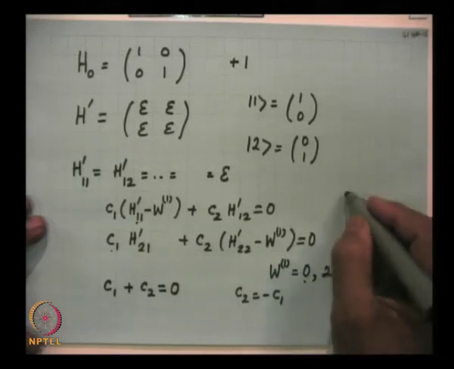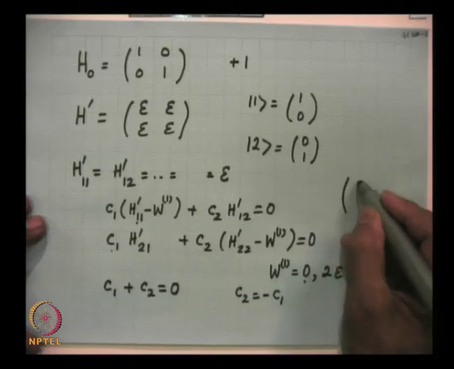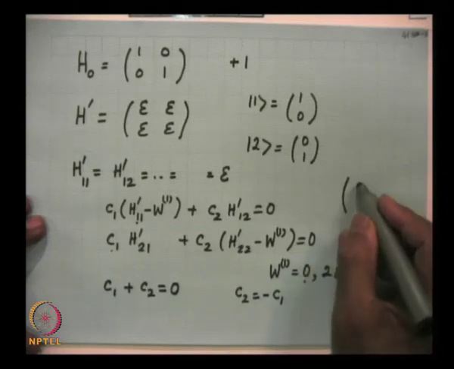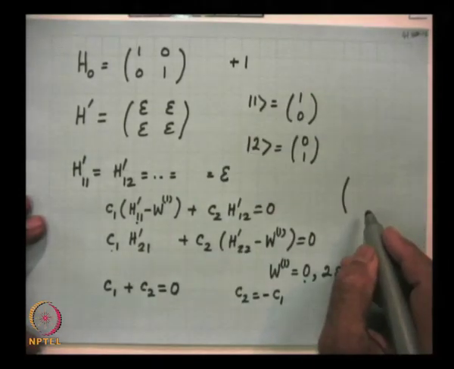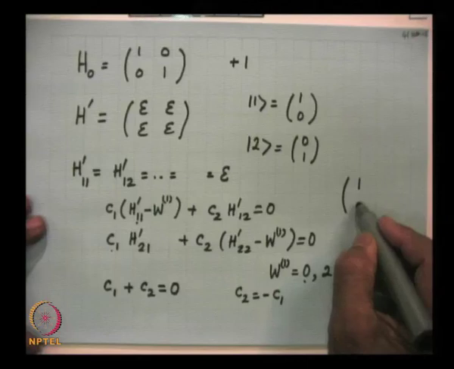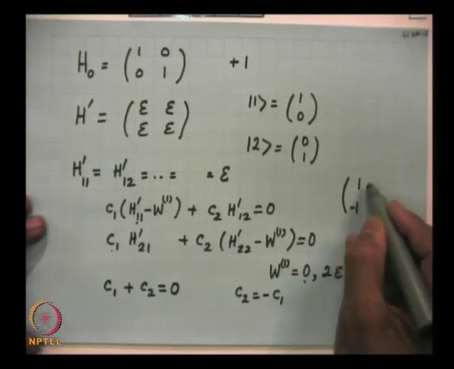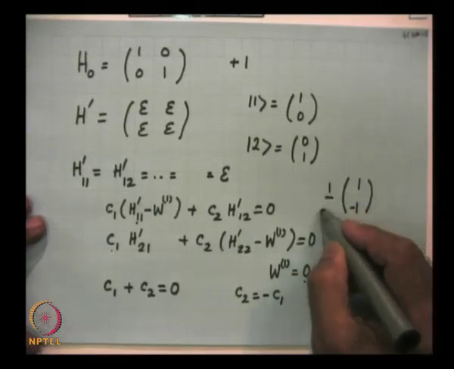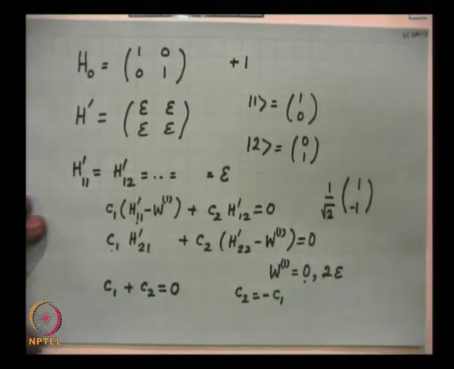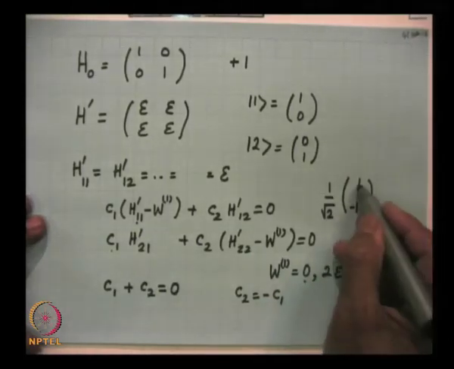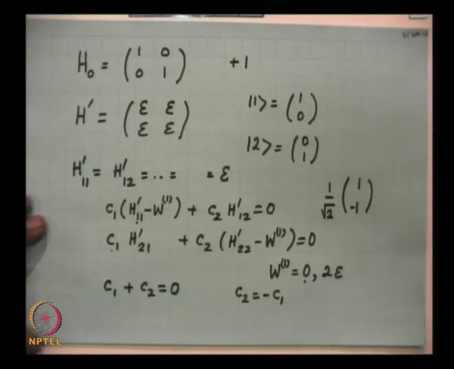So, my eigenstate corresponding to the eigenvalue that splits is 1 minus 1 divided by under root of 2. Under root of 2 is just to normalize it. You can put minus 1 and 1 also, that is also all right.